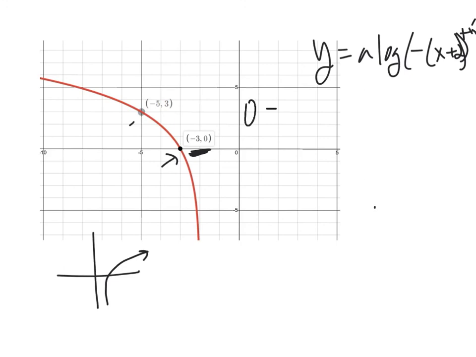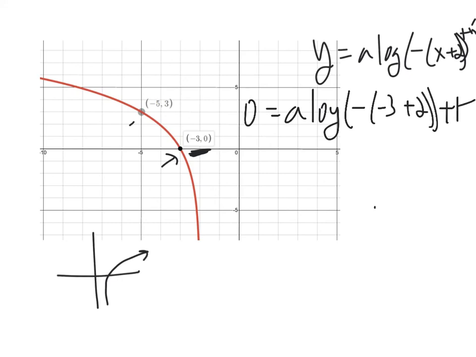So 0 equals some stretch factor times the log of -3 plus 2 plus k. So 0 equals a times the log of, let's see, negative 3 plus 2 is negative 1. And then we change the sign. And the log of 1 is 0, so k does equal 0, so we're done. We don't have to worry about k. Let's do a little erasing here.